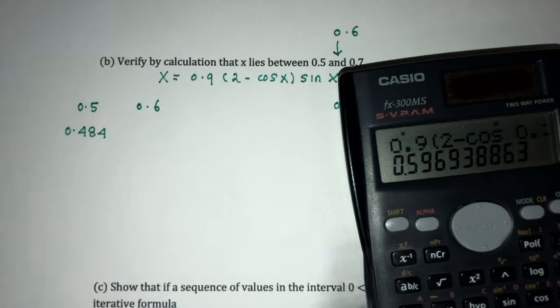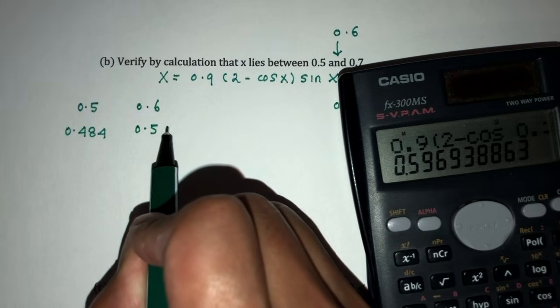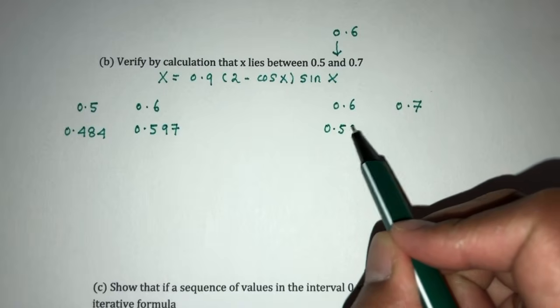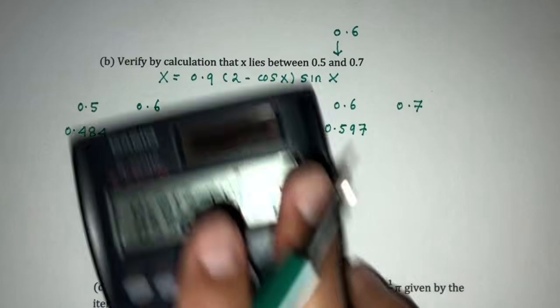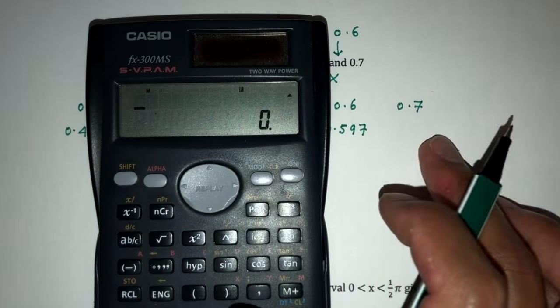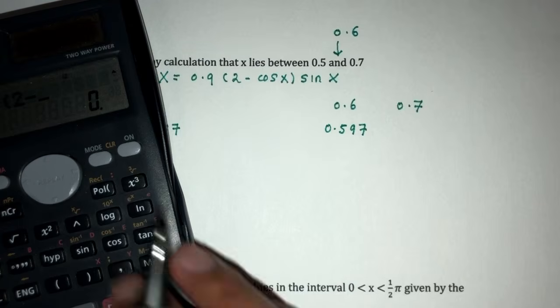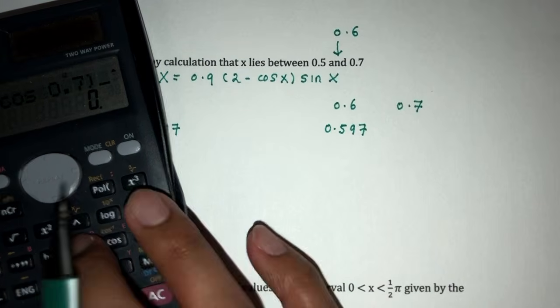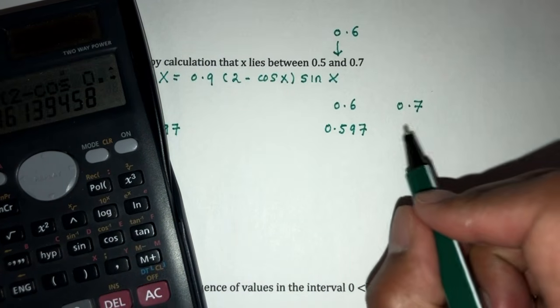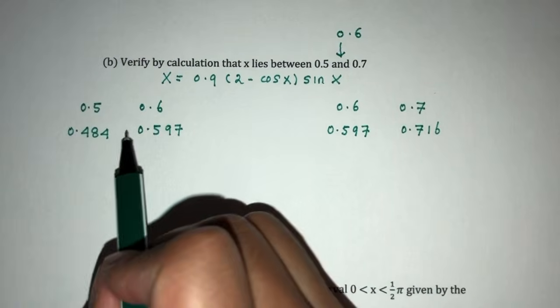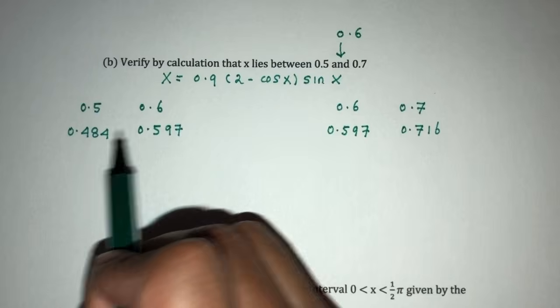That will be 0.597. And what is this one? Here we have 0.7, so 0.9 times 2 minus cos of 0.7 sine of 0.7, that should be 0.716.